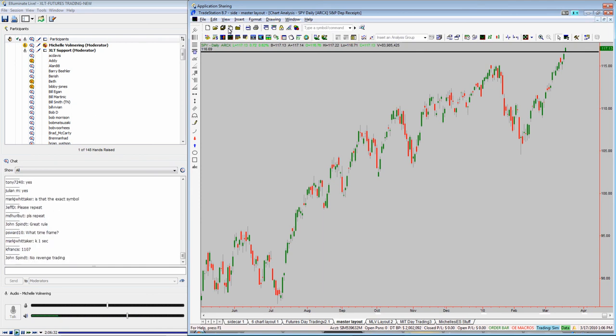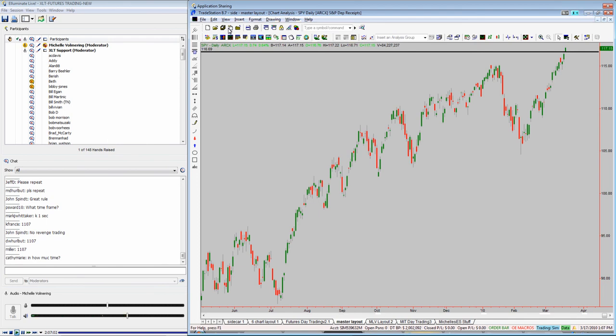It would have to move at least 3 points in my favor. So it has to move to 1107. As soon as 1107 is broken, then I know that I'm okay. But if I get into that trade at 1104 and I get stopped out and it sits there basically sideways, I cannot get into that trade until I see some confirmation, and that confirmation is a 3-point move.